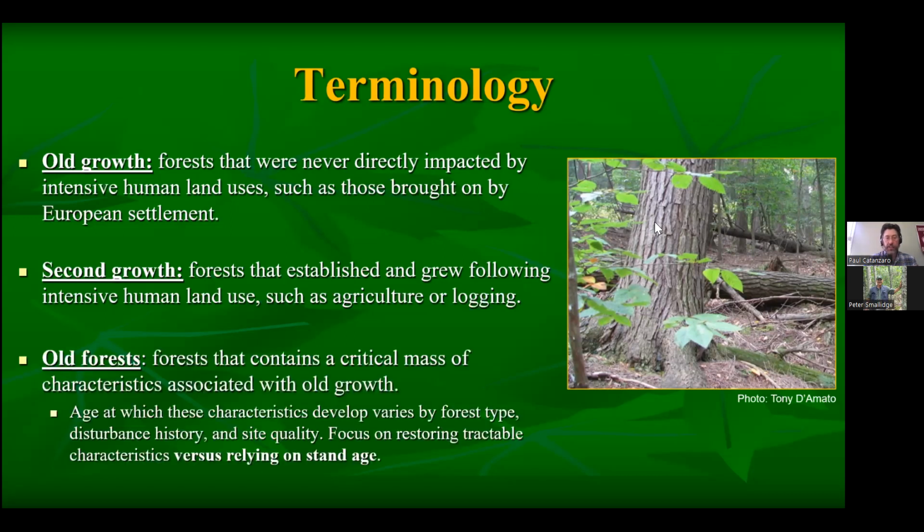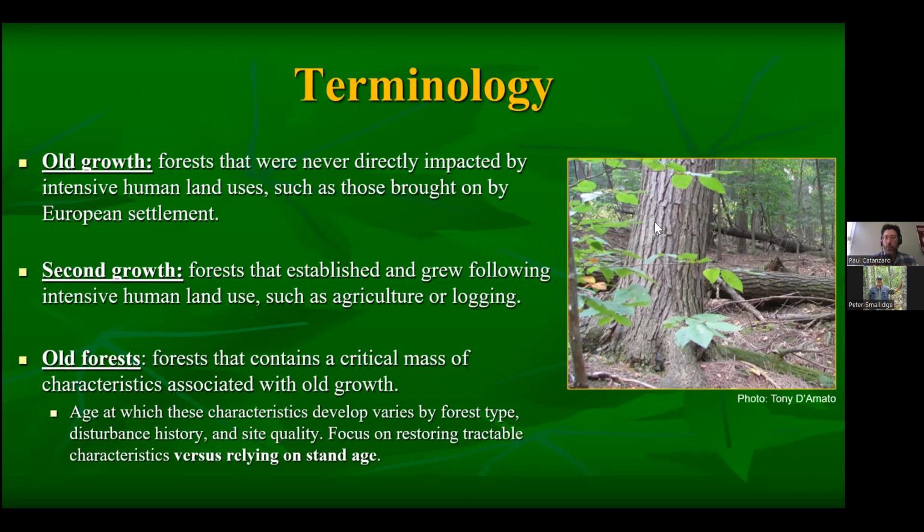The new change in the publication is the addition of this term old forest. At some point, a forest is on a trajectory, hopefully, to restoring its characteristics to a point where it would have the amount of structural components and characteristics similar to an old growth forest.